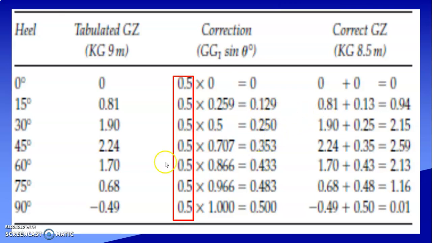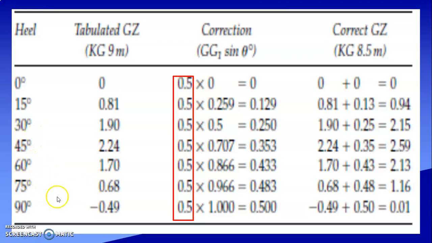Then we add it to the original GC of 9 meters because the KG is less than 9 meters. So the corrected GC at 8.5 KG and 15 degrees is 0.94 meters. It will go like this, so on and so forth.